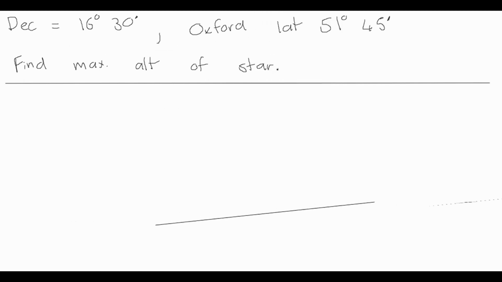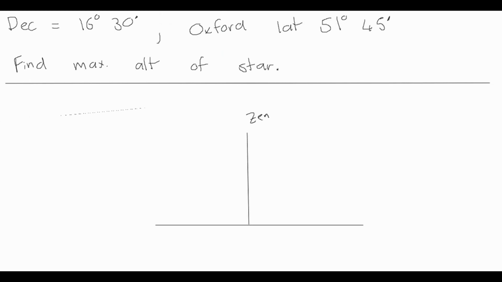We're going to draw in our horizon and a zenith, like so. Zenith, horizon, north, south. Next thing to do is to place our north celestial pole.